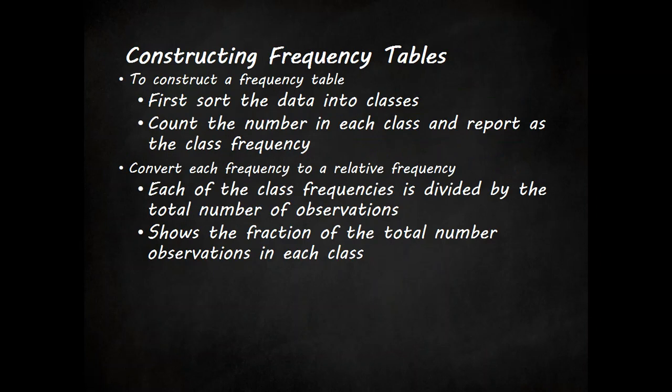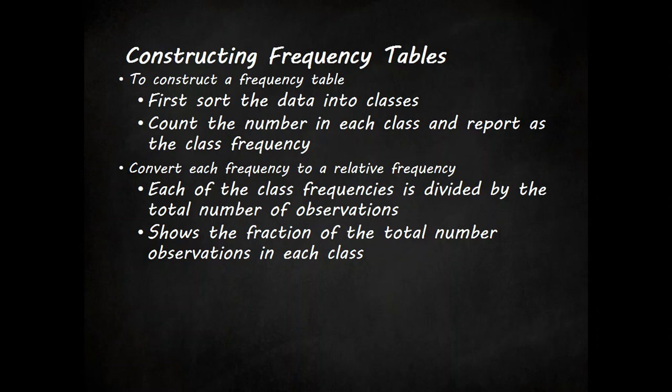Okay, so constructing frequency tables. To construct a frequency table, you need to first sort the data into classes. In this situation, the class is the location. And you're going to count the number in each class and report the class frequency. You might start counting and realize this doesn't work well, so you report by city, and you realize your data gets really bogged down.